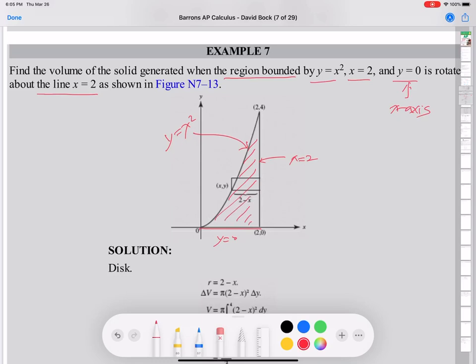This region bounded by these three equations is rotated about x equals 2. So x equals 2 is this line. Rotate around this line. So what kind of shape can we make? Maybe it looks like this, right?